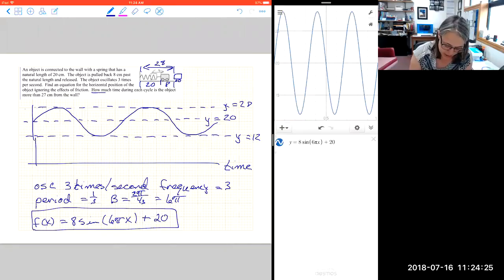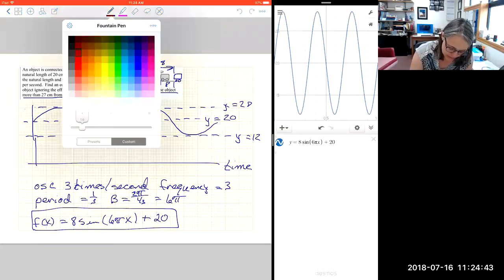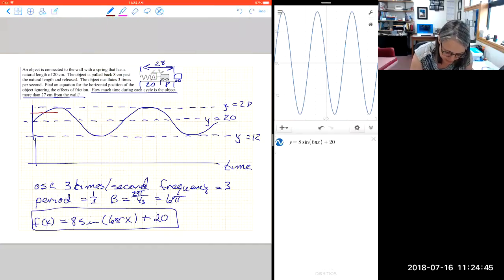Now here's the second question: how much time during each cycle is the object more than 27 centimeters from the wall? So what we're asking is, if I draw a horizontal line right here, and it's at 27, what I want to know is, what is the distance between those 2 points?